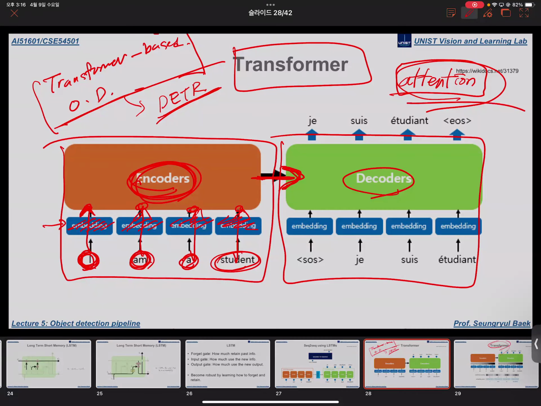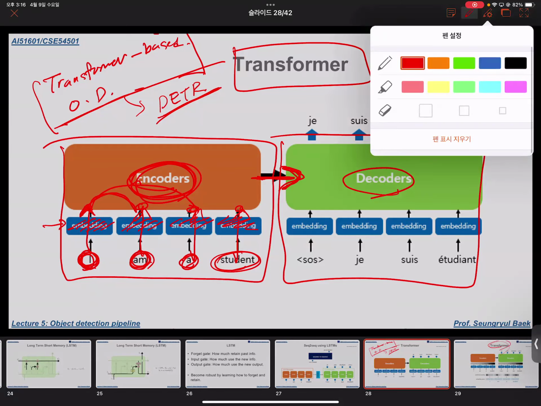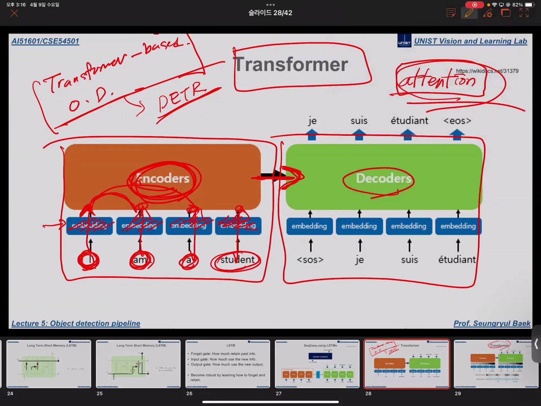And what the attention mechanism does is it densely performs the dot product operation for this input to get this feature.